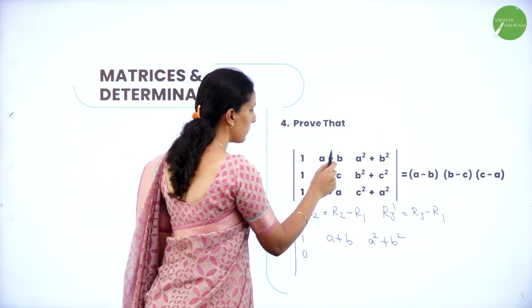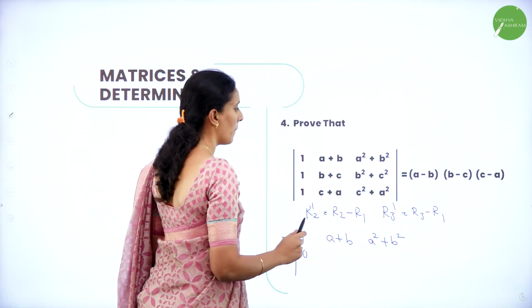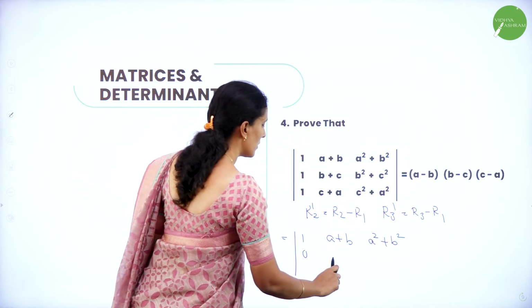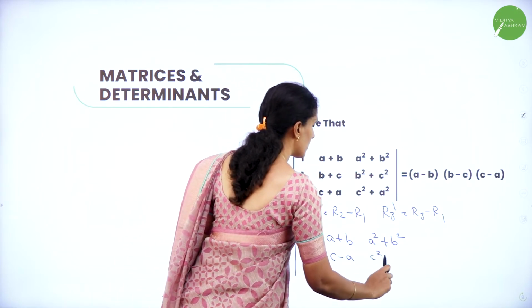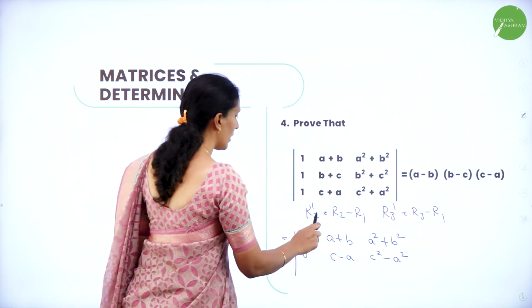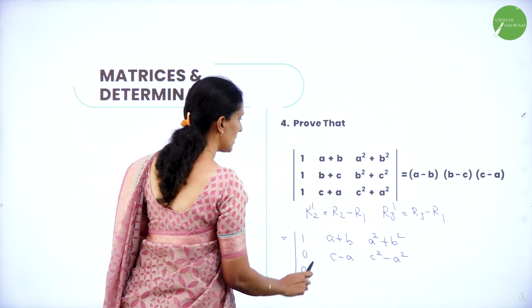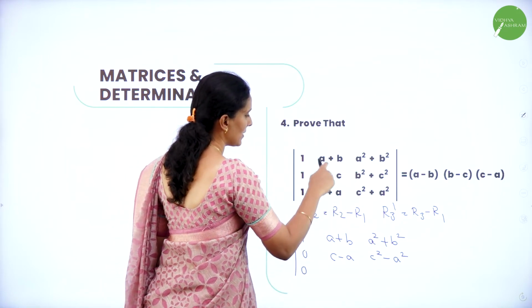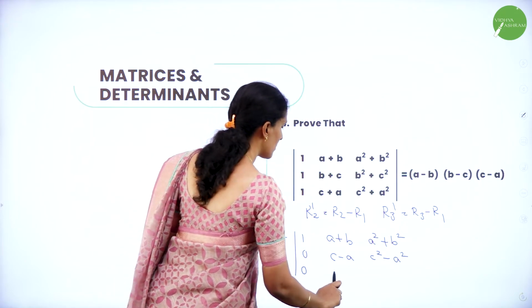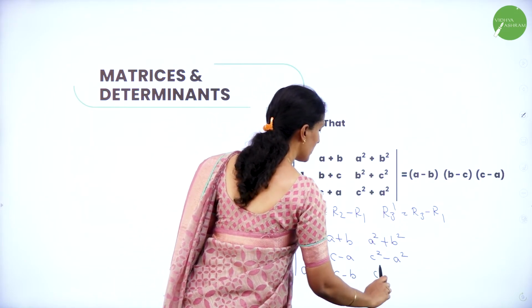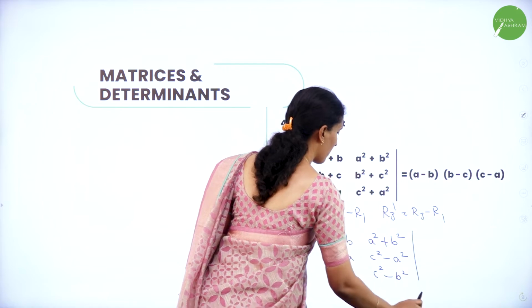So b plus c minus a minus b becomes c minus a, c square minus a square. Here R3 minus R1, 0. So c plus a minus a becomes c minus b, c square minus b square.